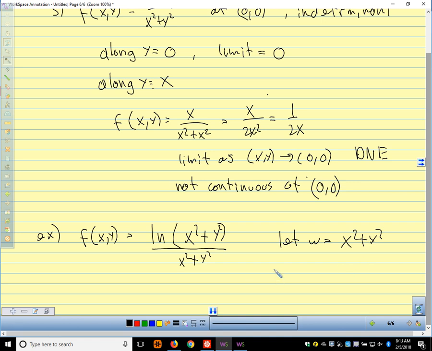Then you have f of x, y is just natural log of w over w. And then you could use L'Hopital's rule and differentiate with respect to w. That's acceptable, as long as it's in one variable. You can't do it if it's in more than one. So for this one, that substitution would be nice. Sometimes they're not always that nice, and then you have to pick a nice path.